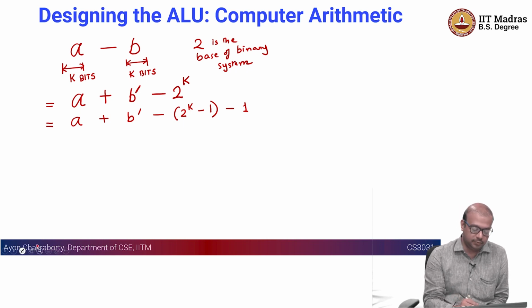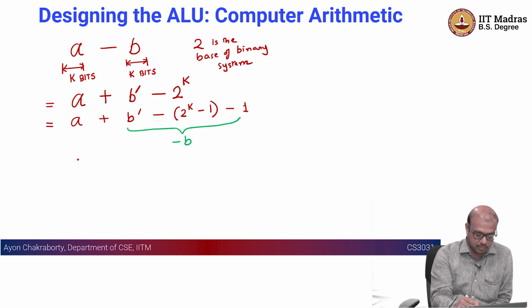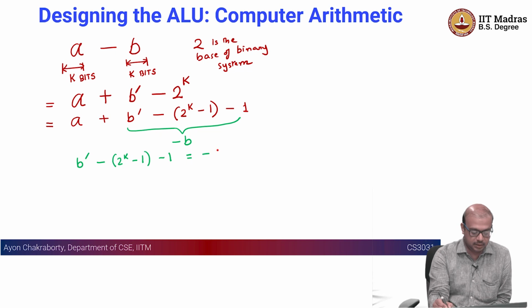So if you think about what we have written, let me show. It was A plus this entire part, and this is representing minus b. So we can always write that b prime minus 2 to the k minus 1 is equal to minus b.